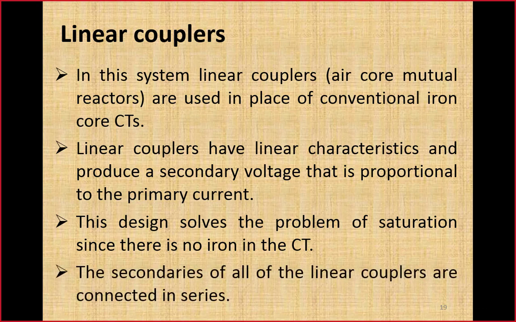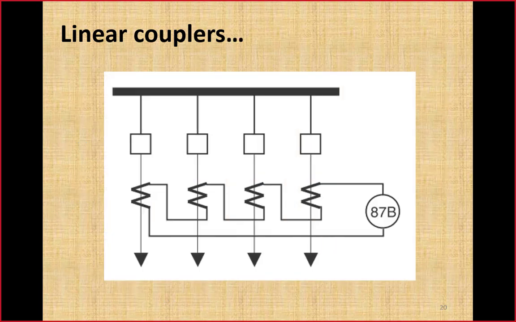The secondaries of all the linear couplers are connected in series and then applied across a voltage relay like this. So here 87B is a high impedance voltage relay, and these are the linear couplers connected in series. When everything is normal, remember, the voltage across these couplers, their sum will be equal to 0 because some of the current will be flowing away from the bus and some of the currents are flowing towards the bus.